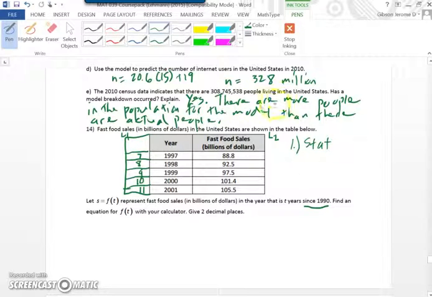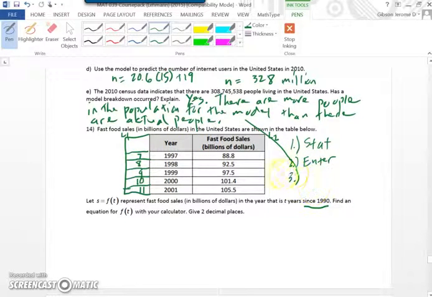Step 2, you will press enter. Step 3, of course, we're going to assume that your L1 and L2 are emptied out. If not, you need to go up to the top of L1 or L2 and press clear to get rid of those values.